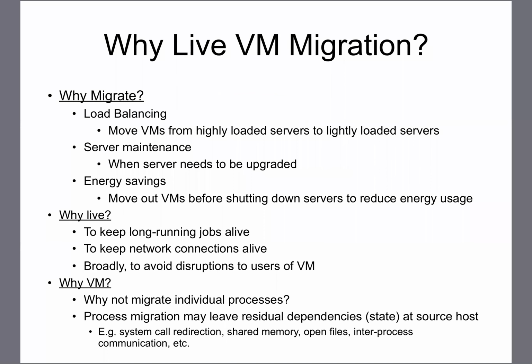Okay, so we talked about why people might want to do live migration for various reasons. You might want to shut down a physical machine, so you want to move the VMs over. You might want to do load balancing and so forth. Whatever the reason, usually the requirement is that the VM should not experience much disruption.